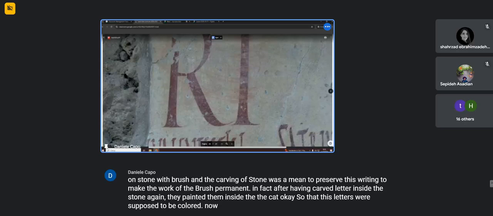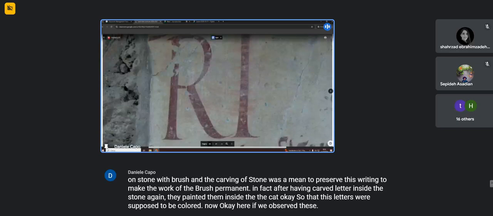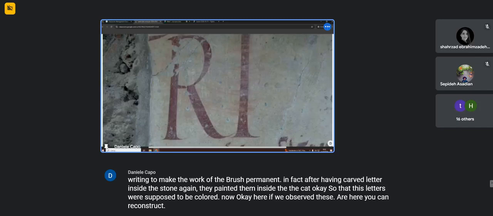Now, okay, here, if we observe this R, we can reconstruct how it was done.